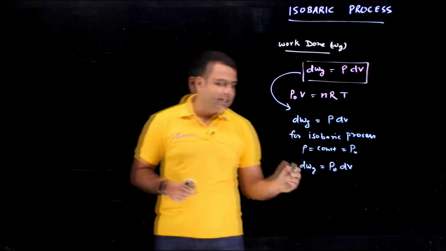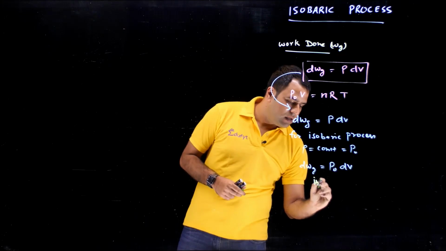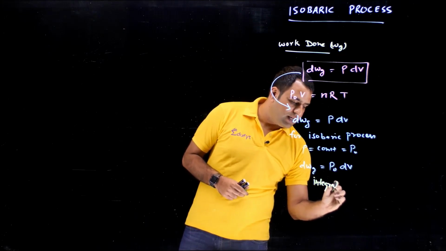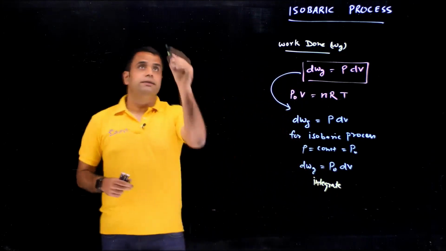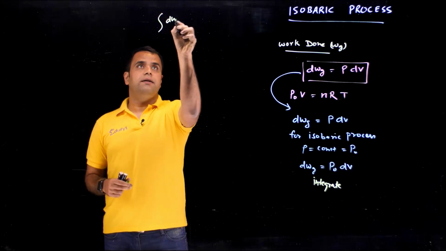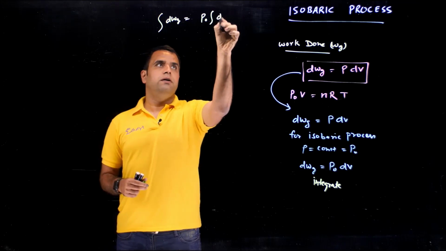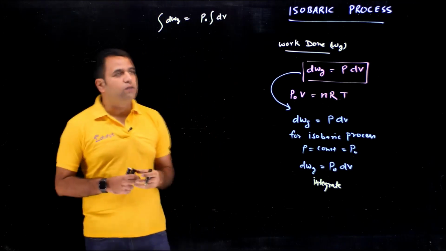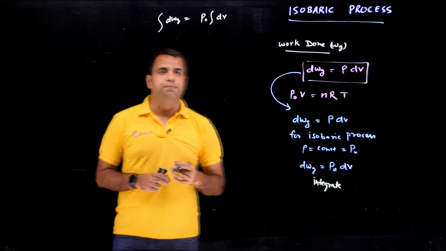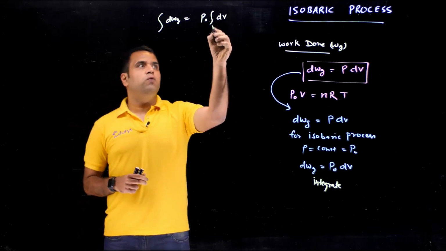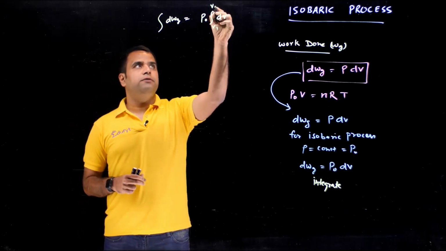So if we integrate this, we will get the integral of dWg is equal to P naught dV. We have taken P naught outside of the integration sign because P naught is a constant. So let's say initially the volume was V1 and finally it becomes V2.